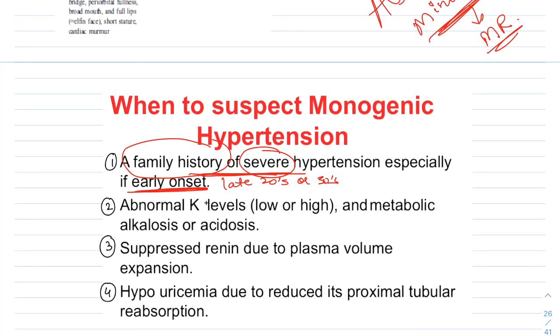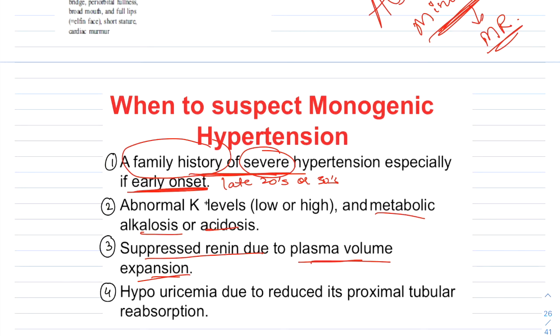It may be low or high, along with pH abnormalities, that is presence of either metabolic acidosis or alkalosis. As monogenic hypertension is because of abnormally increased sodium transport, it leads to plasma volume expansion, thus leading to suppression in the renin secretion. So, there will be suppressed renin due to plasma volume expansion.